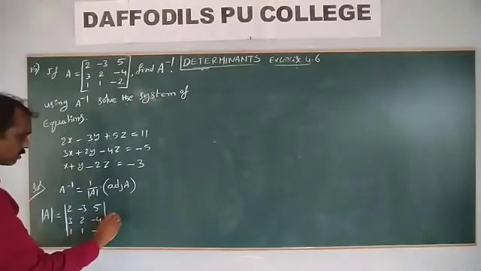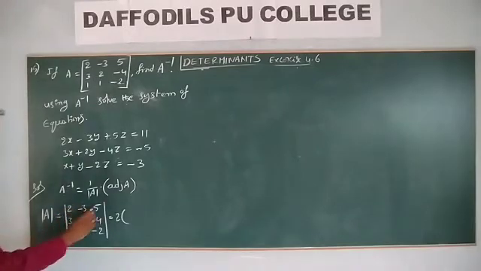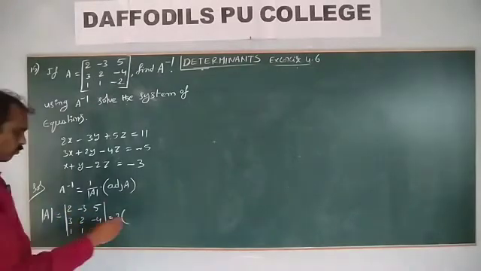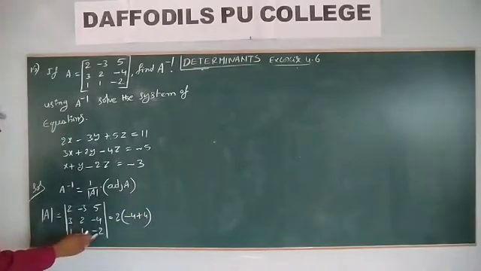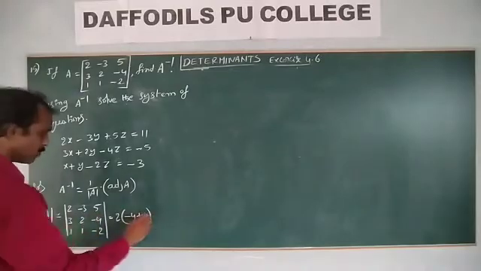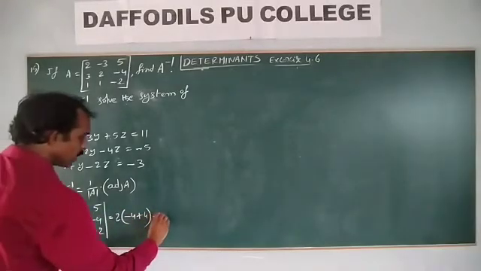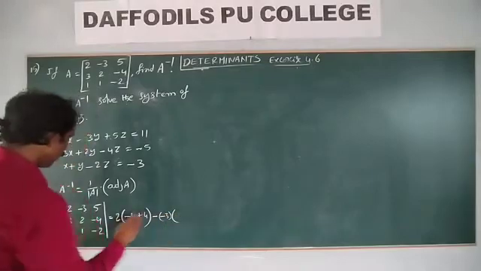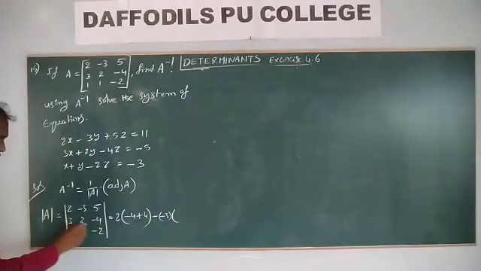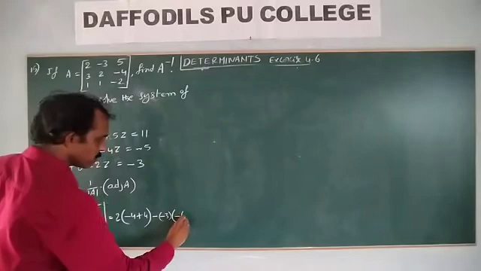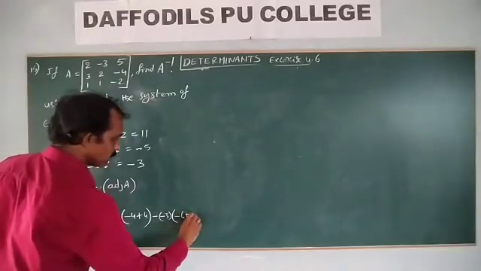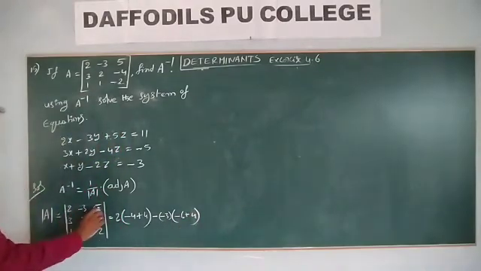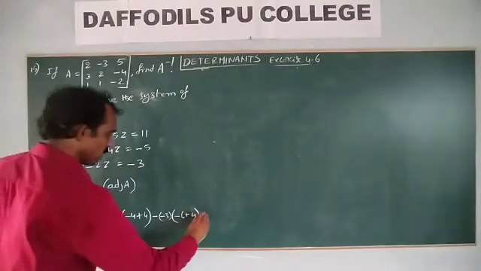Expanding along the first row: 2, deleting this row and this column, gives minus 4 plus 4.